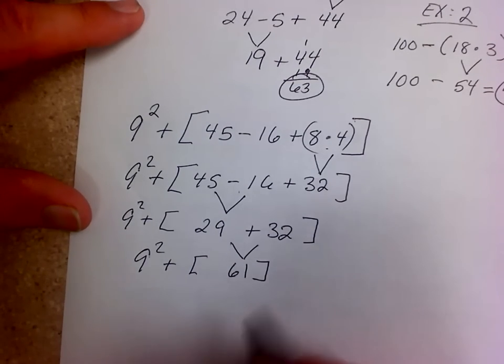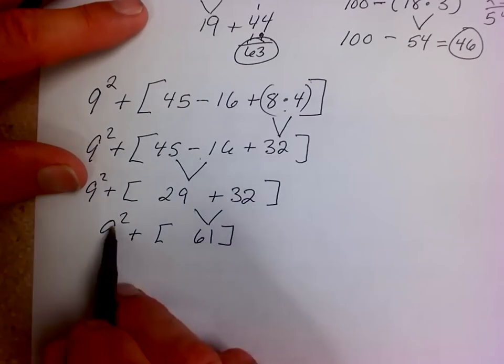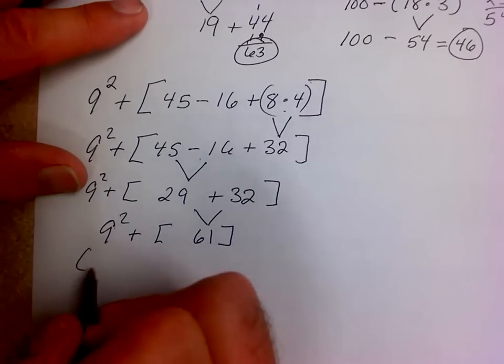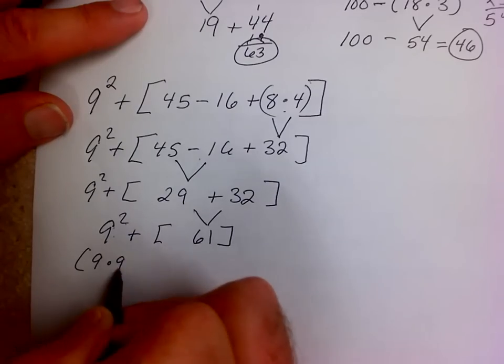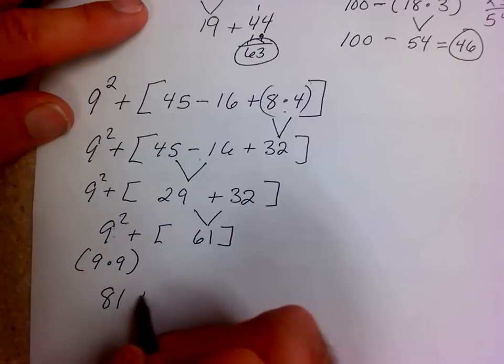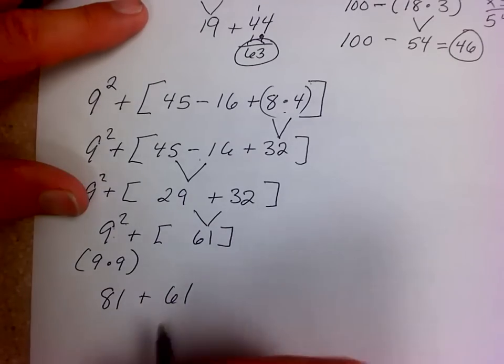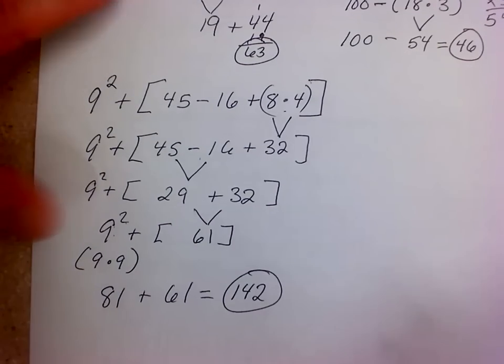Now we're to 61. We have some exponents, so we can take care of our powers. Remember, 9 squared, so that's 9 times 9, which is 81, plus 61. We get 142.